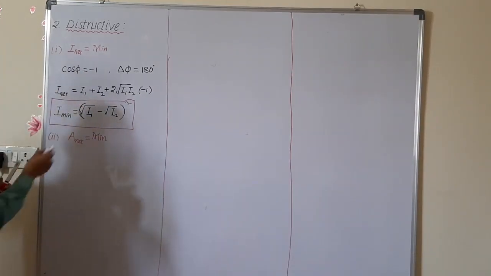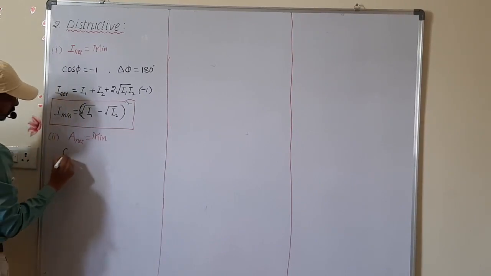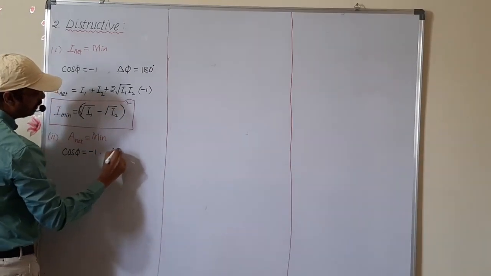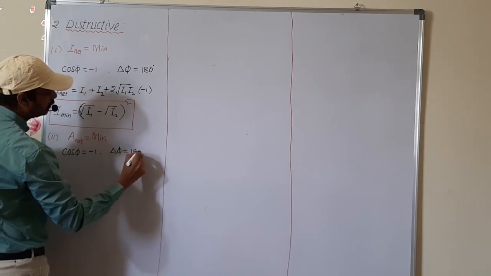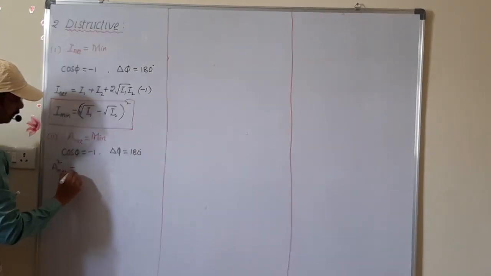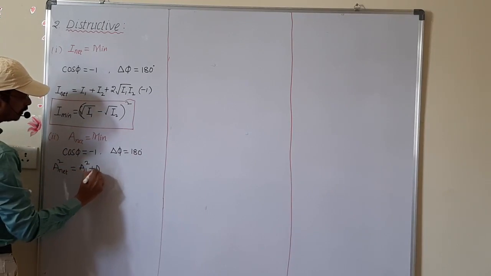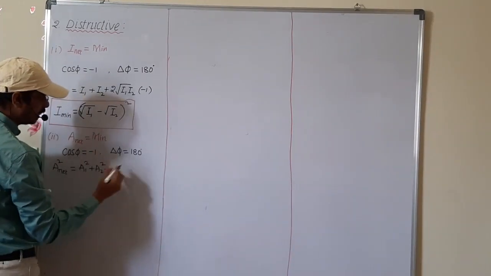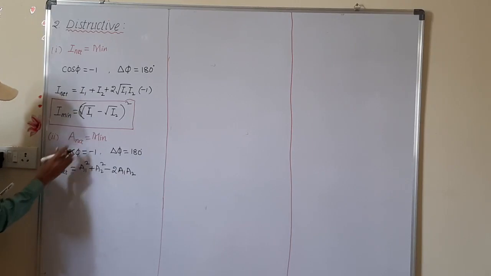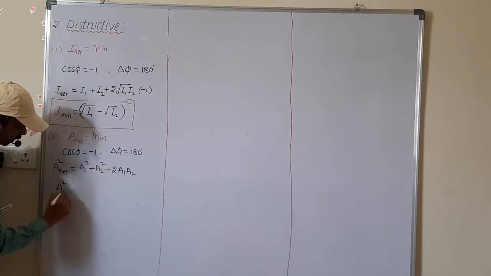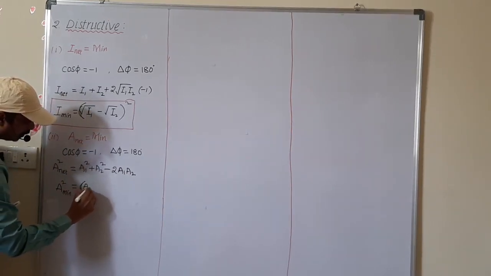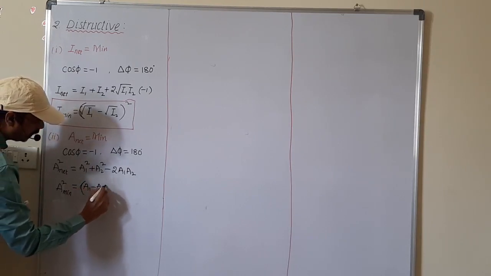A net being minimum means again we use the same condition, cos phi is equal to -1 or delta phi is equal to 180 degrees. At that time, A net square is equal to A1 square plus A2 square minus 2 A1 A2, which is A1 minus A2 whole square.